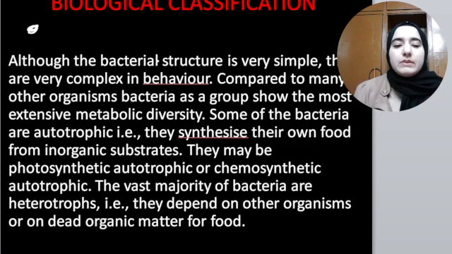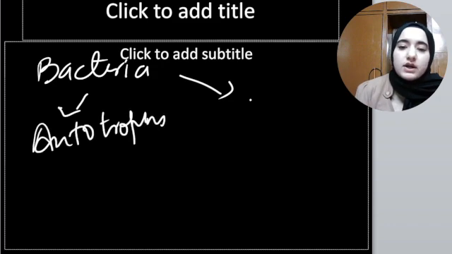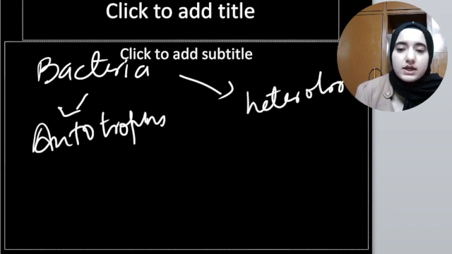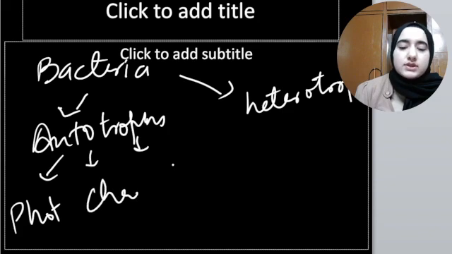And some of them may be heterotrophs. Bacteria either may be autotrophs or heterotrophs, right? In autotrophs, they may be photosynthetic, they may be chemosynthetic.